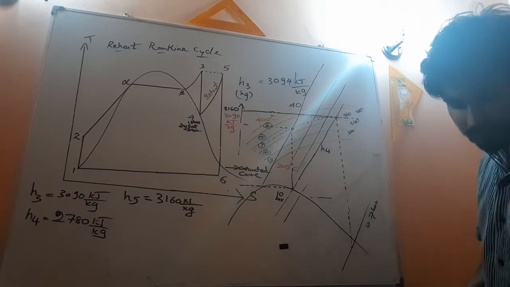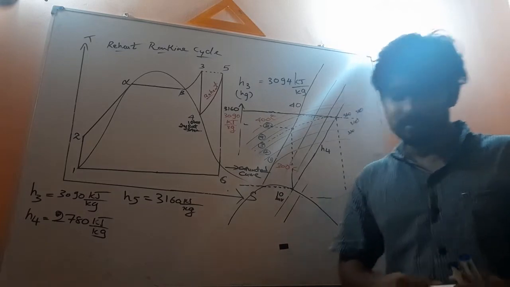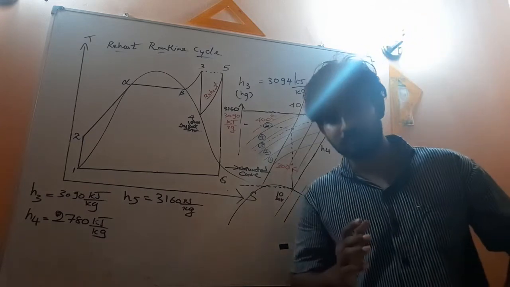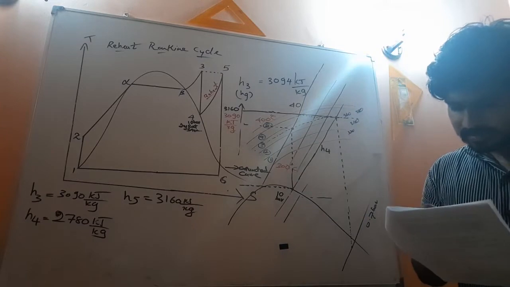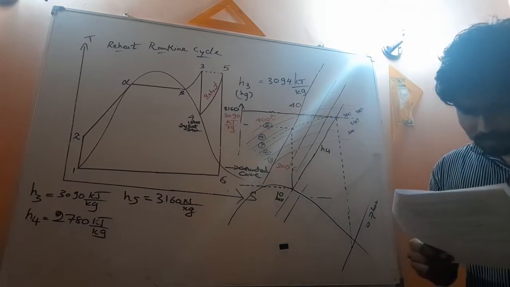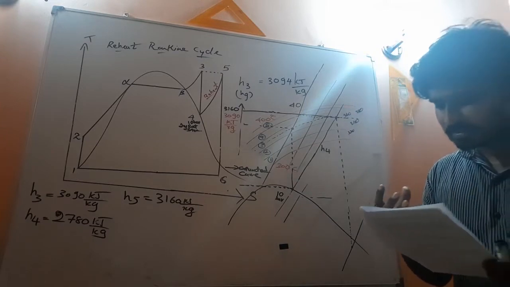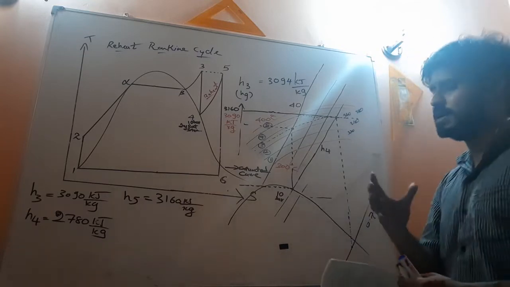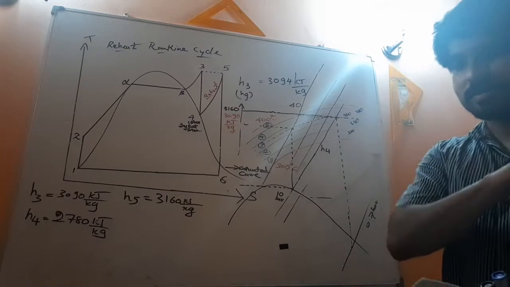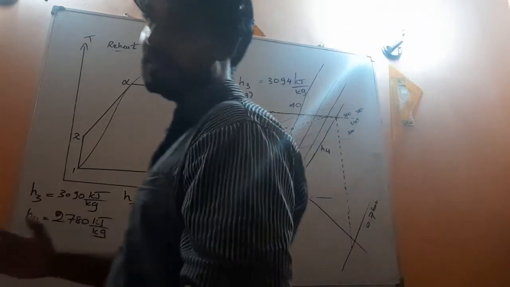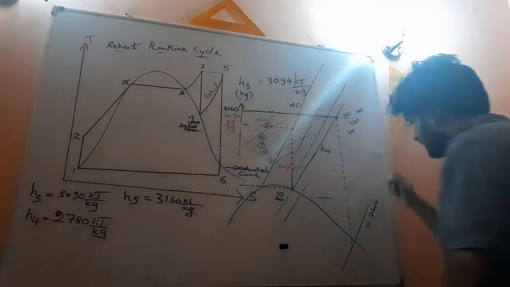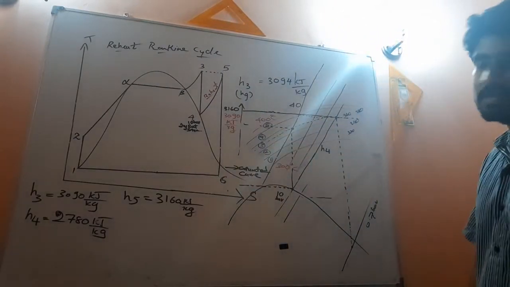Because in the problem it is clearly said that the final expansion process happens until 0.7 bar, before being expanded in the low pressure stage to 0.7 bar.